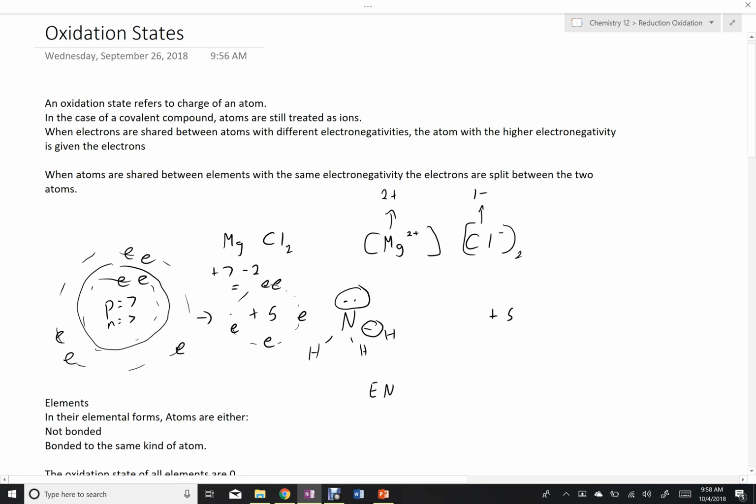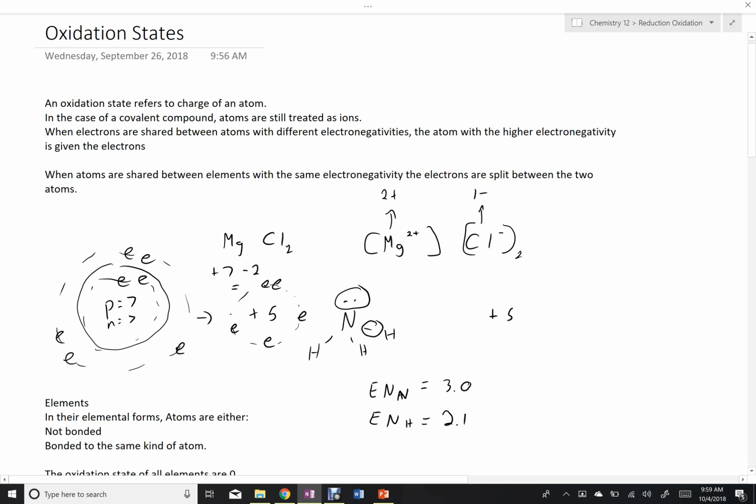The electronegativity for nitrogen is 3.0, and the electronegativity for hydrogen is 2.1. And we say whoever has the higher electronegativity gets to completely claim those shared electrons.